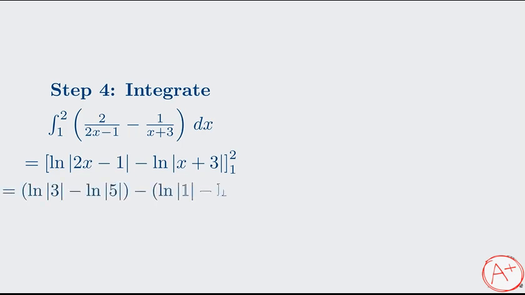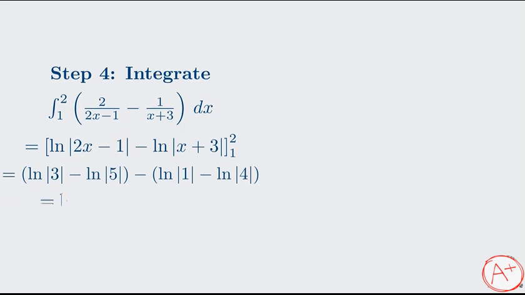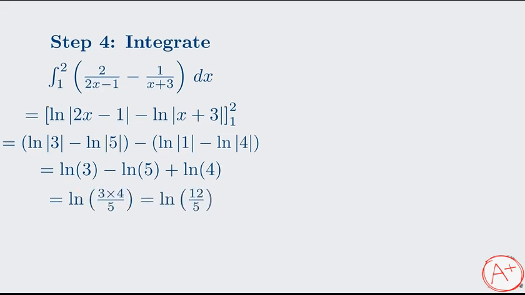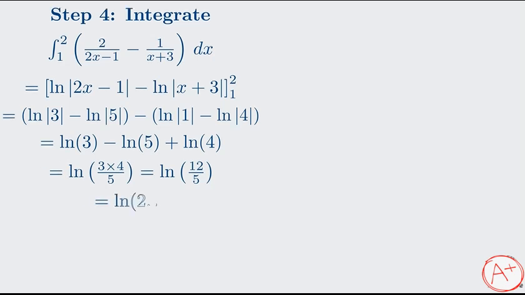Substitute the limits. Upper limit 2 minus lower limit 1. Since natural log of 1 is 0, we are left with natural log of 3 minus natural log of 5 plus natural log of 4. Using log laws, this is the natural log of 3 times 4 over 5, which is 12 over 5. The exact value is natural log of 2.4.